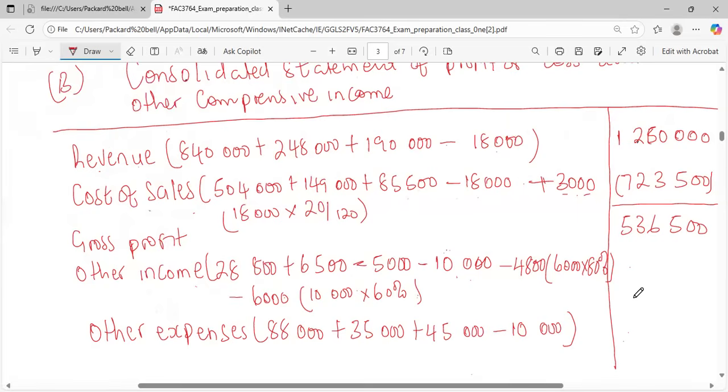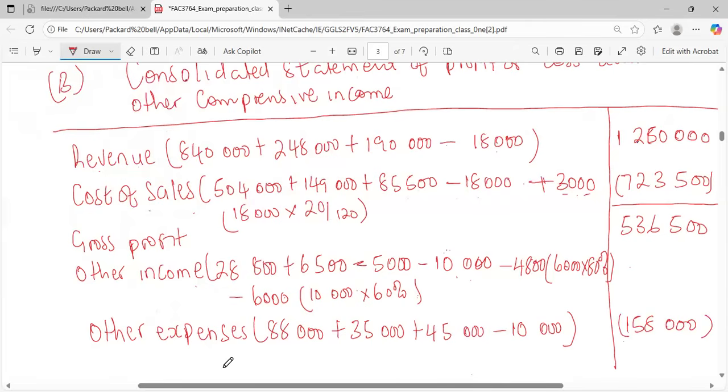It's going to be how much? This one, 158,000. Am I correct? Other expenses, yes. Right, so we are done with other expenses.